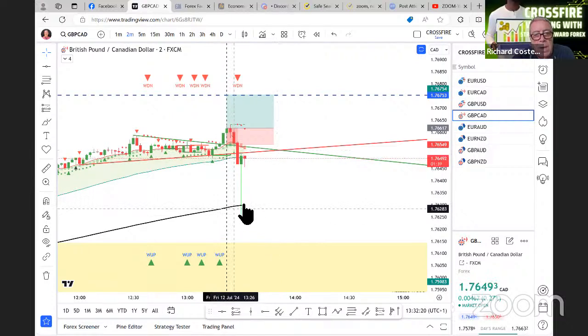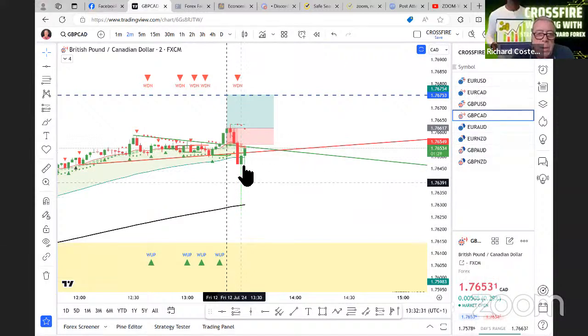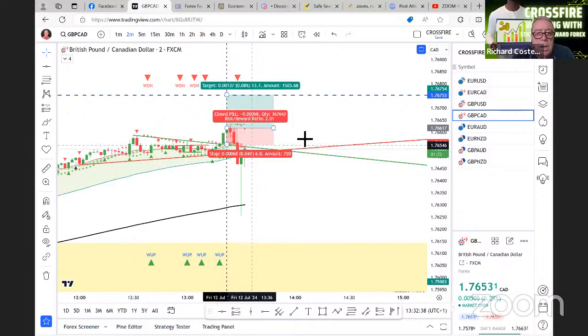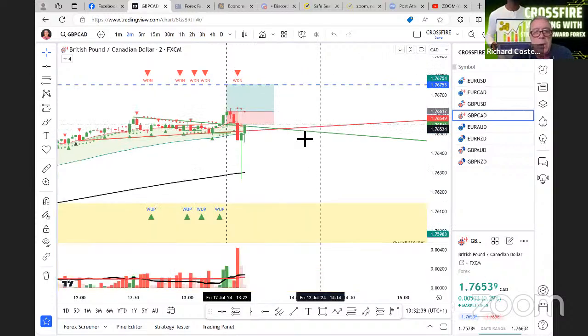They've all gone down to retest that 200 moving average, and then they've rejected pretty quickly. I mean, that price moved down pretty sharp, and then it immediately went back up to where it started, and is now trying to get above the green trend line.